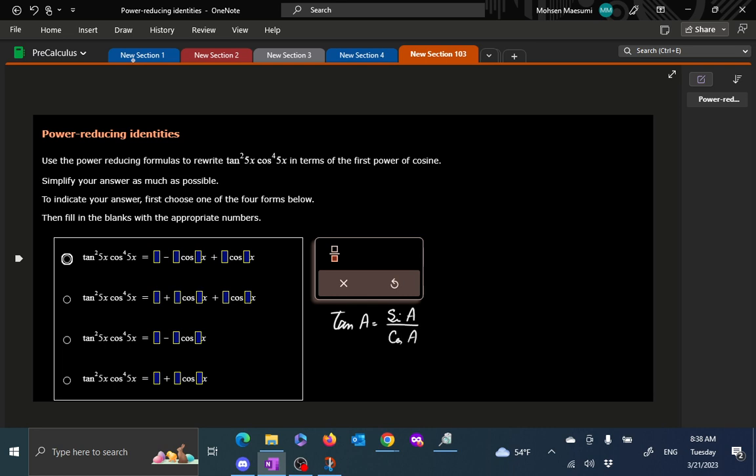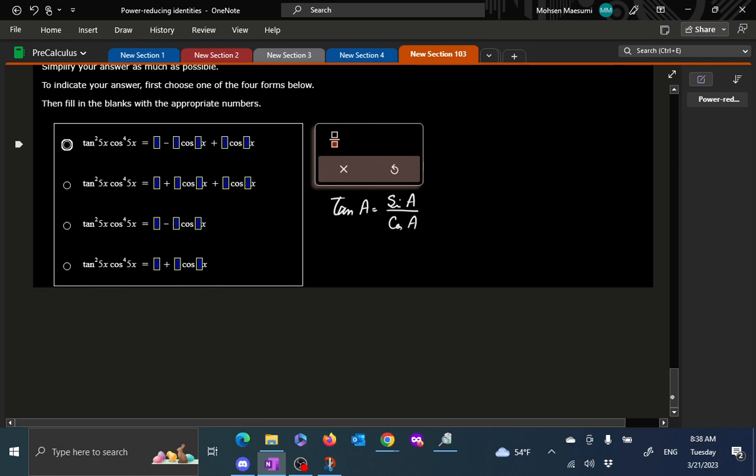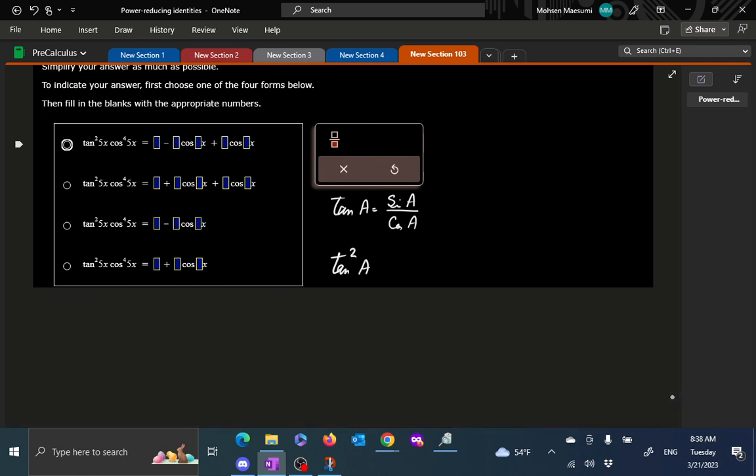Is that right? So to get ourselves started, if I have tangent square of a times cosine to power of 4 of a, I can write, instead of tangent, sine square of a over cosine square of a, and then cosine to power of 4 of a.